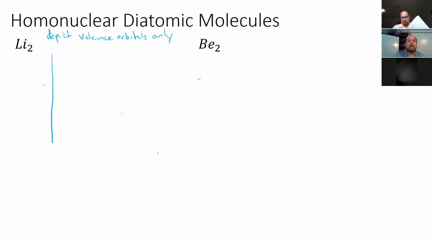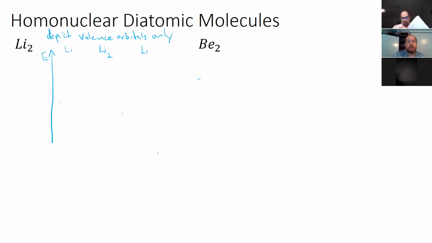So what we're going to do, we're going to draw out our molecular orbital diagram. This is going to be done in a similar way. If we look at the lithium molecule, okay, we're going to make this lithium-2 molecule in the middle, and that's going to be formed from a lithium atom and another lithium atom.